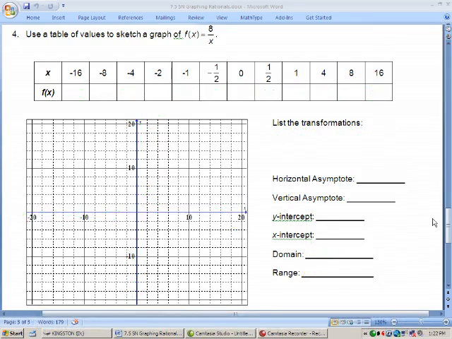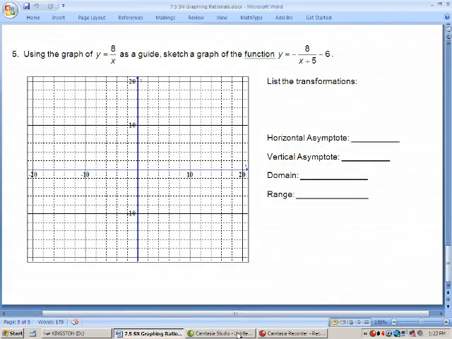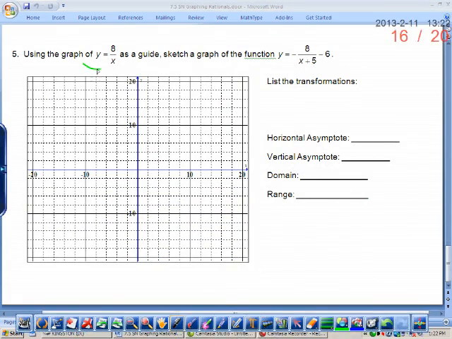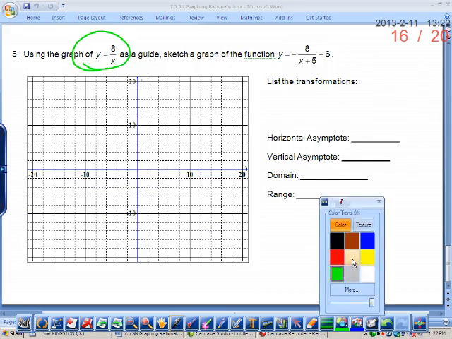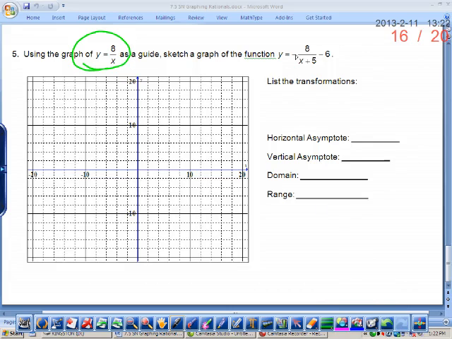Okay, last one. We are using y equals 8 over x as our guide, so we're not starting from scratch. We're starting from the graph we just drew. What are the transformations that have happened to this new function? Good. Don't forget the negative first. Reflect across x, left 5, down 6.